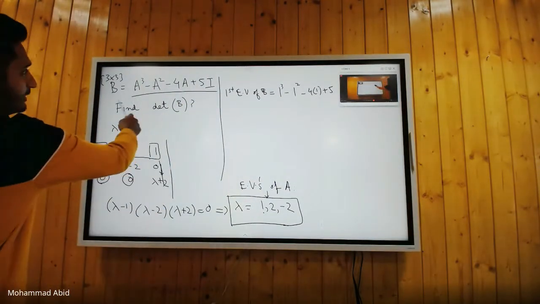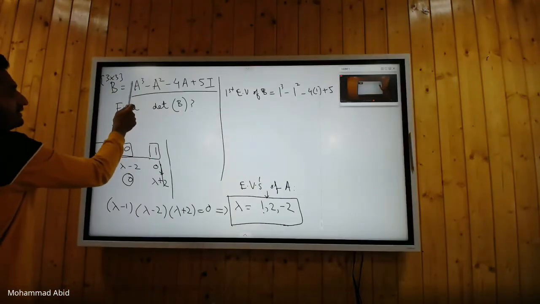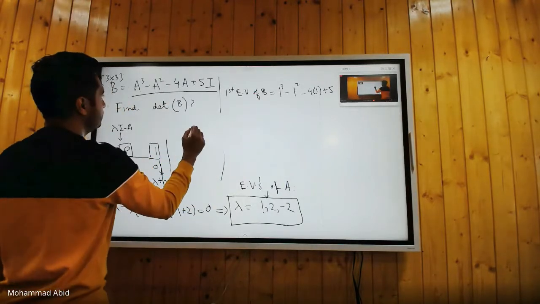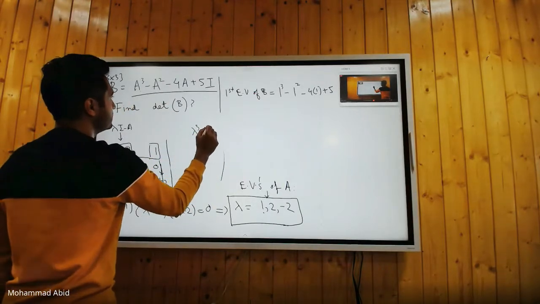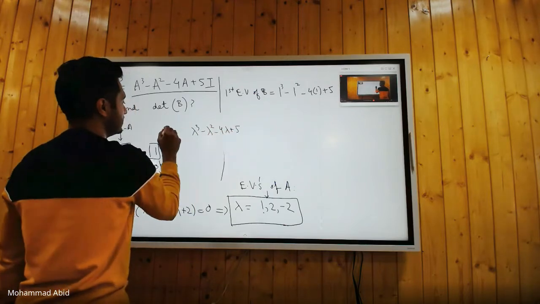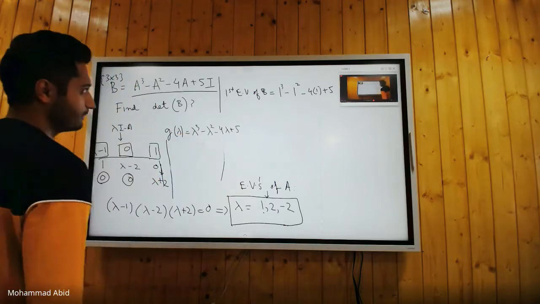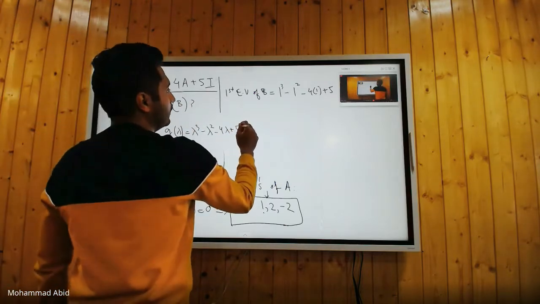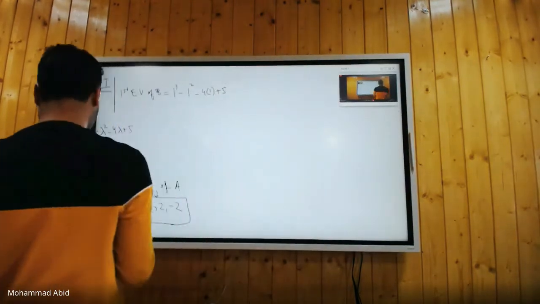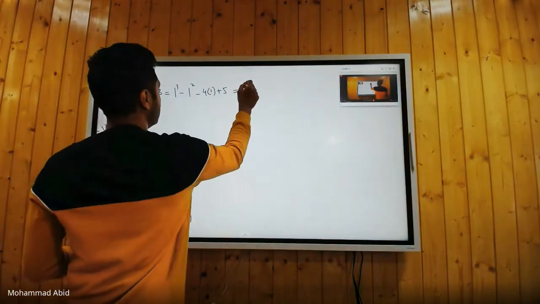And when I take a scalar polynomial, then here it's not A, it will be the eigenvalue. Scalar polynomial will look like this: lambda cube minus lambda square minus 4 lambda plus 5. This is a scalar polynomial in lambda. And I am substituting the first lambda, that's 1. Okay, this is how I will solve this. So this will come out to be what? This will be simply 1.